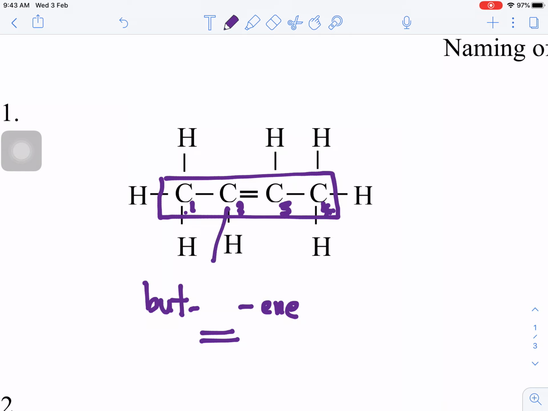Okay, what happens if we change the numbering of the carbon atoms? This one 1, 2, 3, 4. The name is still but-2-ene because at carbon 2, we have the carbon-carbon double bond. So the name is but-2-ene.